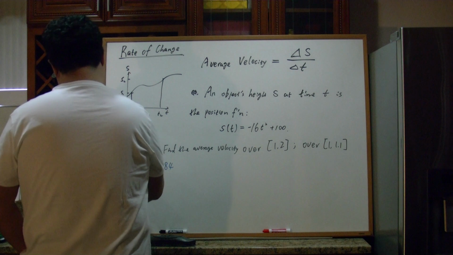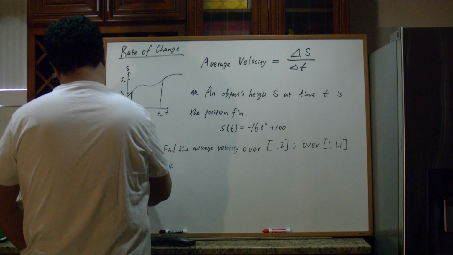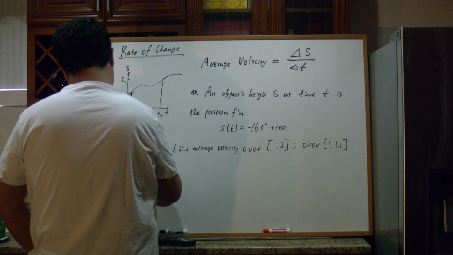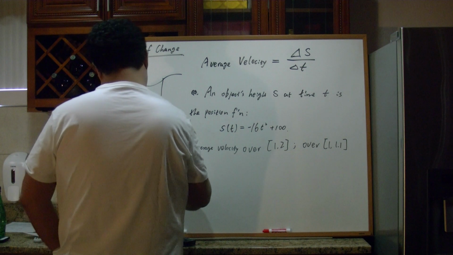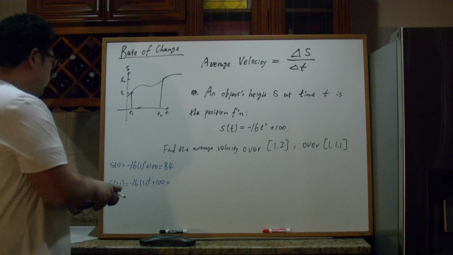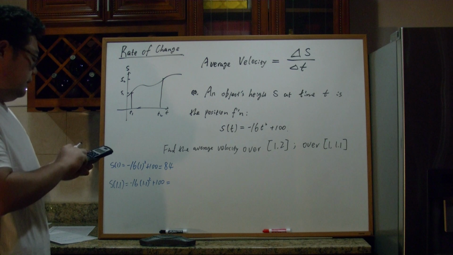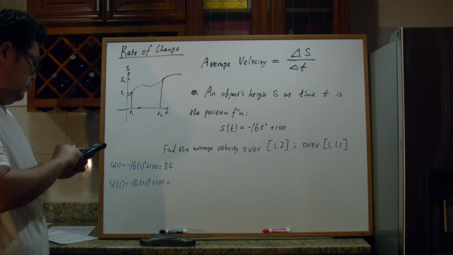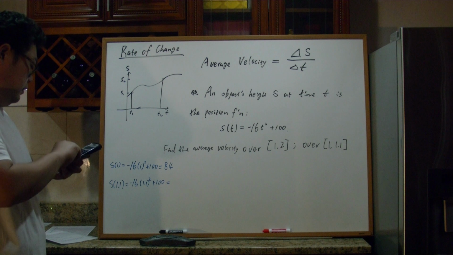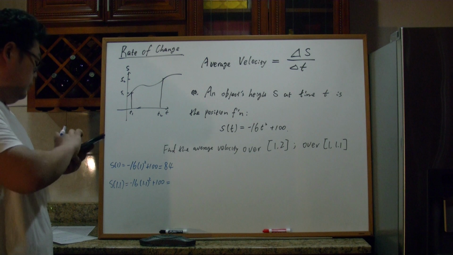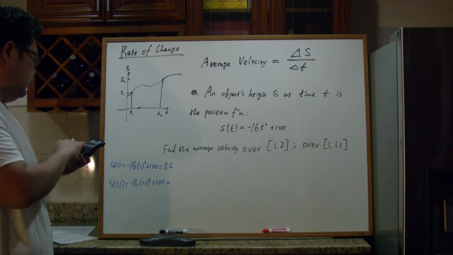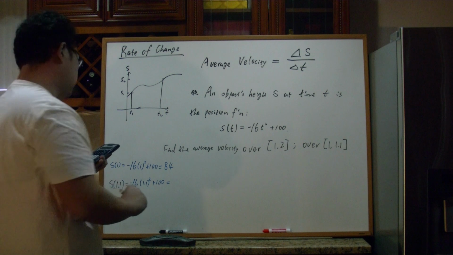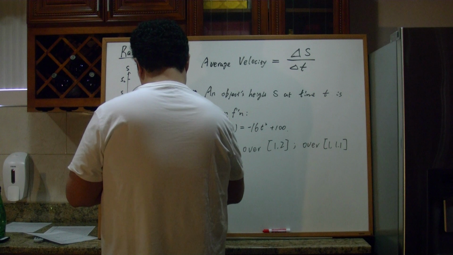At 1.1, negative 16 times 1.1 squared is negative 19.36, so that's 80.64.